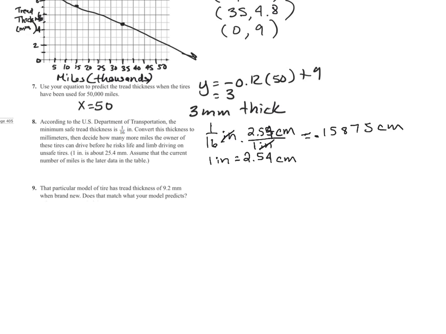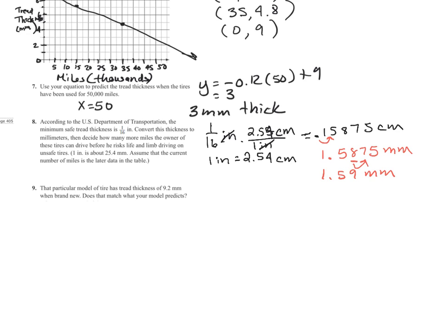So remember, when I go from centimeters to millimeters, we move this decimal one place to the right. So that would make that 1.5875 millimeters, and I think in the book they went ahead and rounded to the nearest hundredths, or 2 decimal places. So I'll look to the right, that tells me to go up: 1.59 millimeters. Okay, that was a good time.